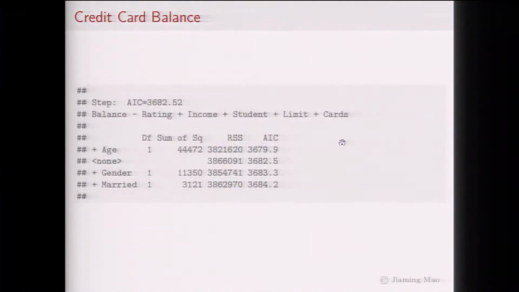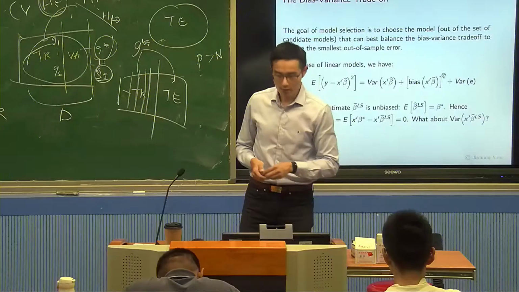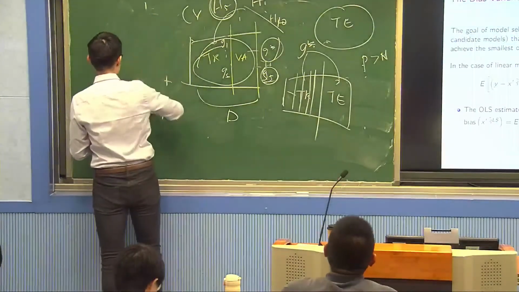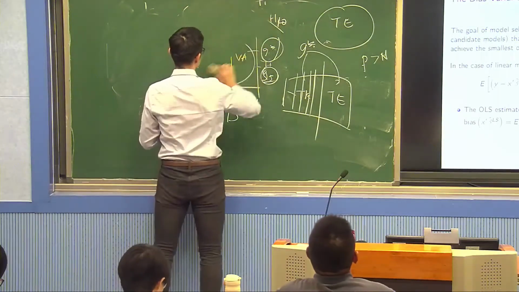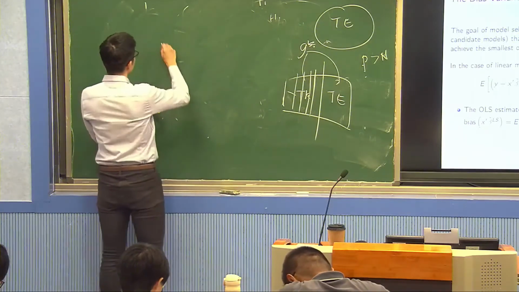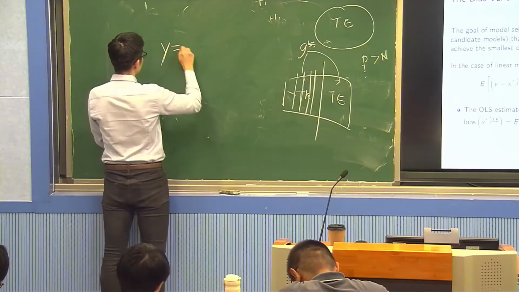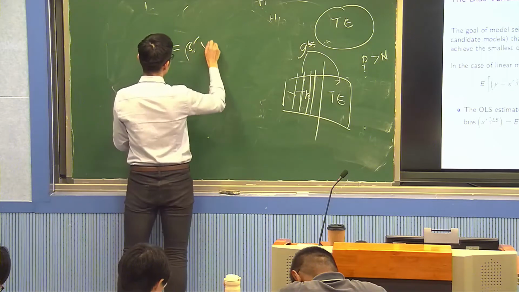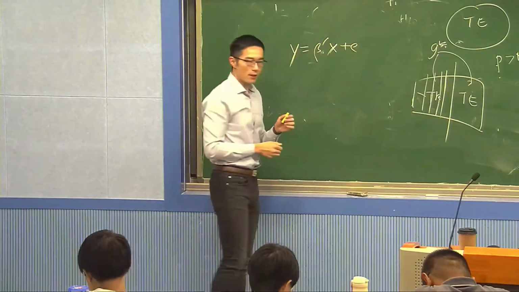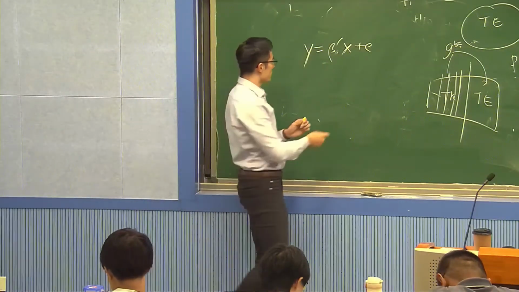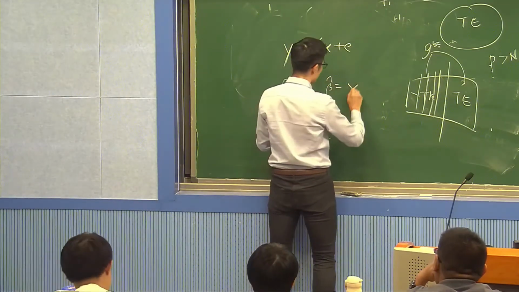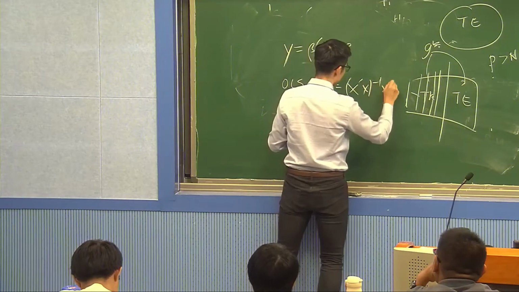Now let's talk about another topic. Let's come back to the basic linear regression and ask this question: is it the best we can do? Suppose I have y equal to beta prime x. This is the simplest linear regression model, and the OLS estimate gives us beta hat equal to x prime x inverse x prime y.